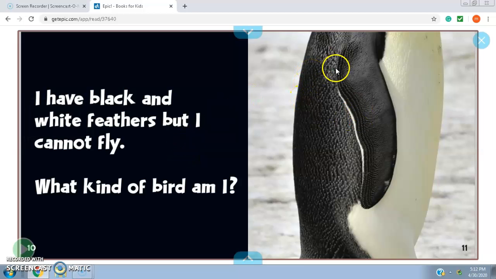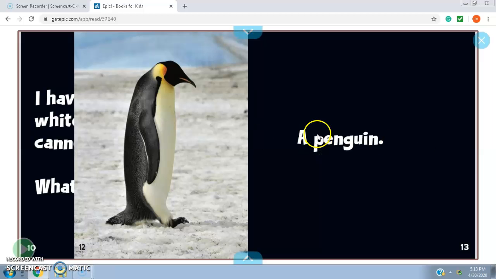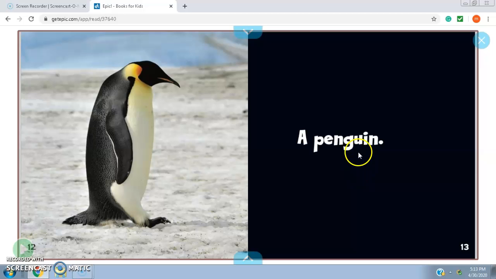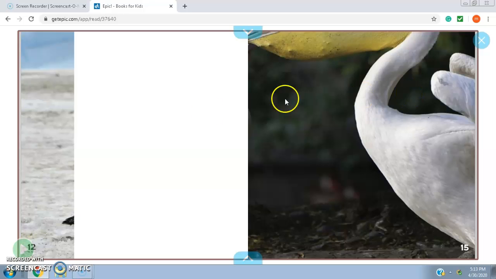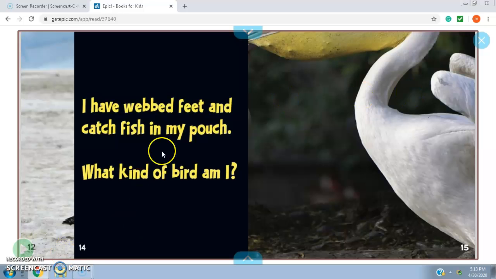Do you think a penguin? Okay, let's see. A penguin. This is a penguin.